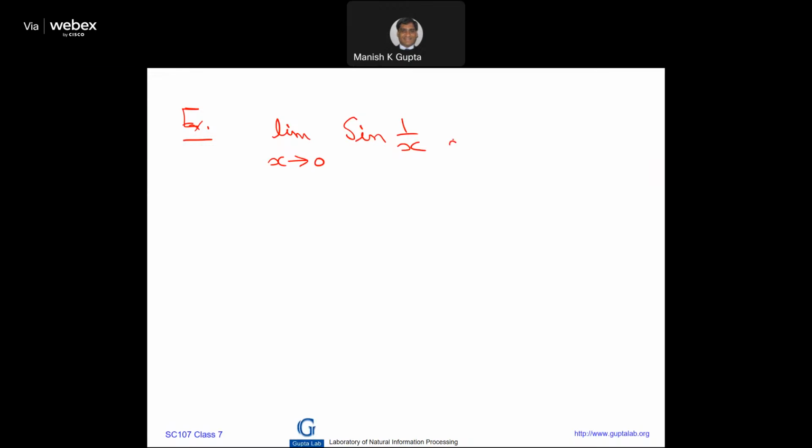So this limit does not exist. Actually, with epsilon delta, it is very easy to show that something does not exist. Very easy. Showing that something exists requires some calculations. So that's why I've taken the easiest case first. Show that something does not exist. This is very easy.